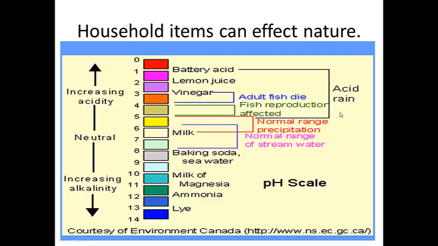But acid rain, what we have to consider as acid rain, would be in the range of 5 to 1. We'll talk about acid rain in class, and also when we get into the environmental ecology lesson. But if we are releasing things like this into the environment, it could cause things to be a little more acidic. And there's also other factors that can make something a little more acidic.